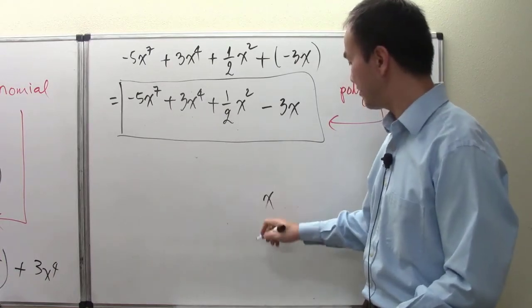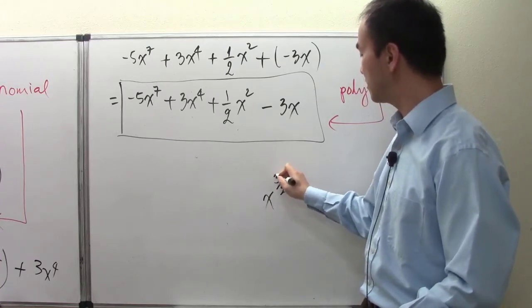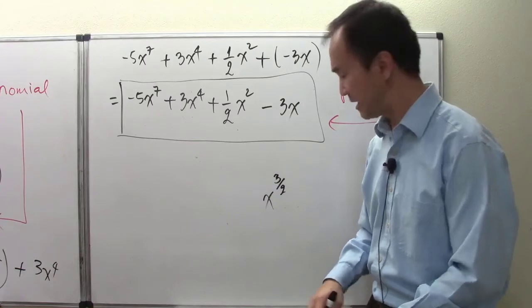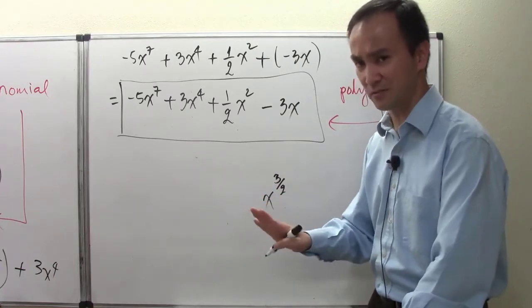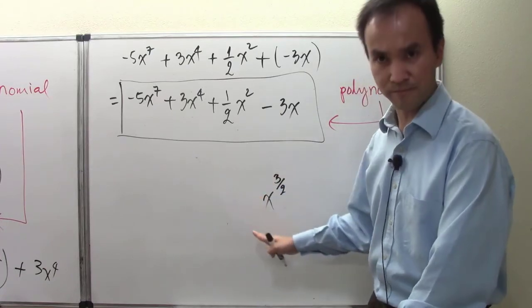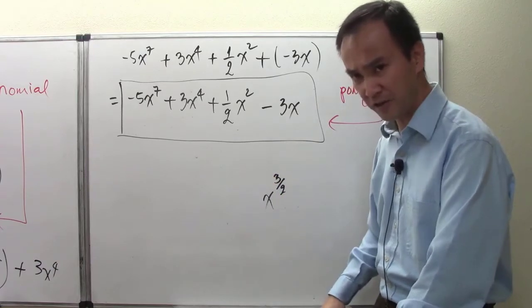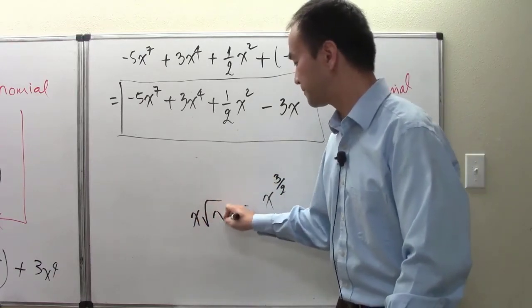We can have a power function being x to the 3/2 power. I should not have said it works completely fine, but what I meant is this is completely legal as a power function. It came out from x square root of x.